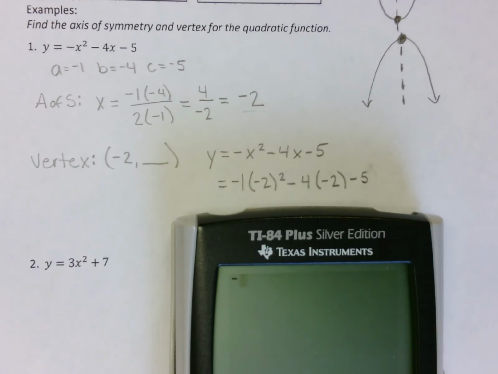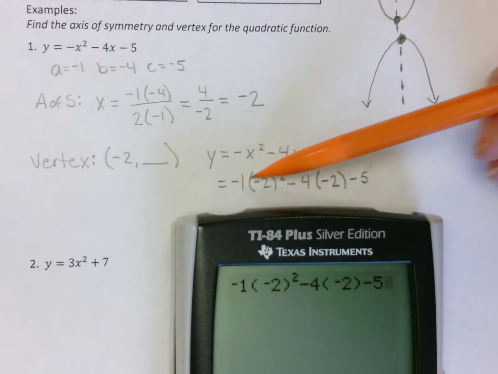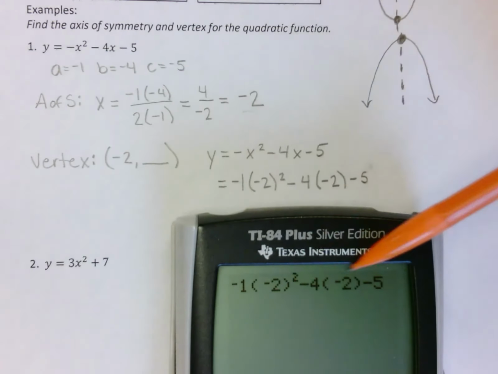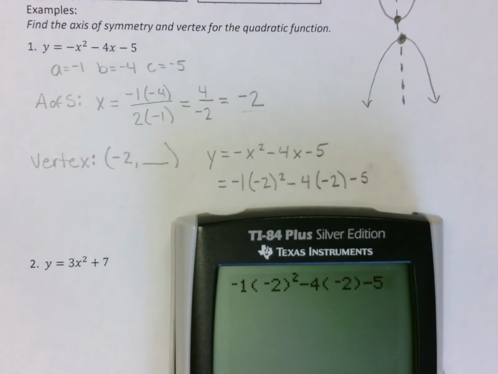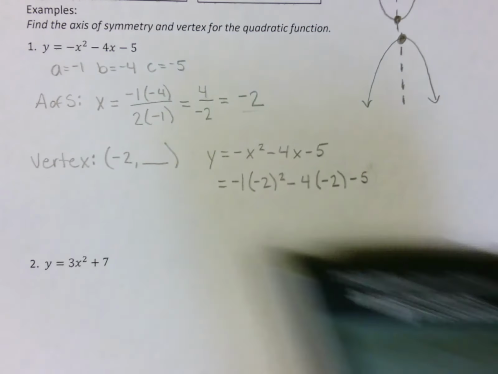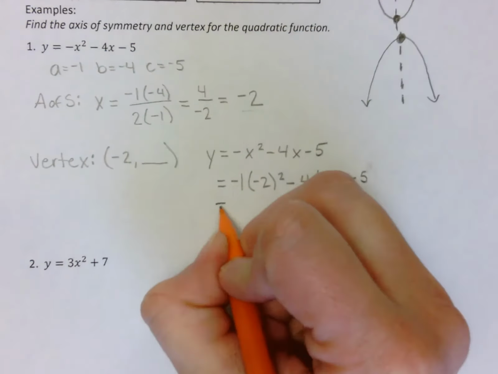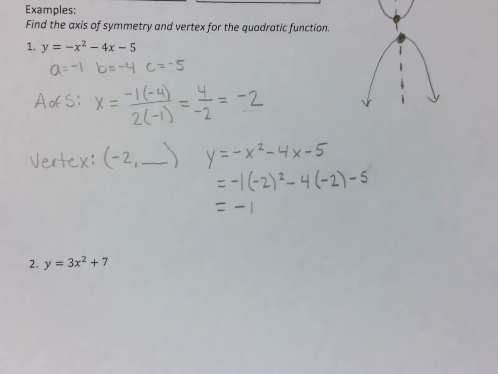So -1 times -2 squared minus 4 times -2 minus 5. If you're going to use the calculator, you must make sure that every parentheses, exponent, and negative that you have written on your paper, you have the same in your calculator screen. So that y value equals -1.